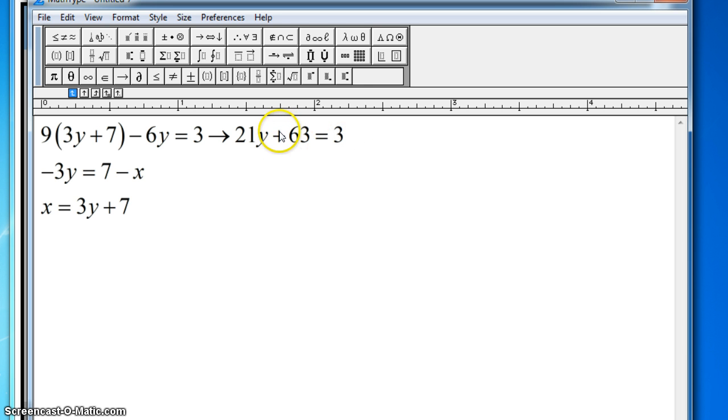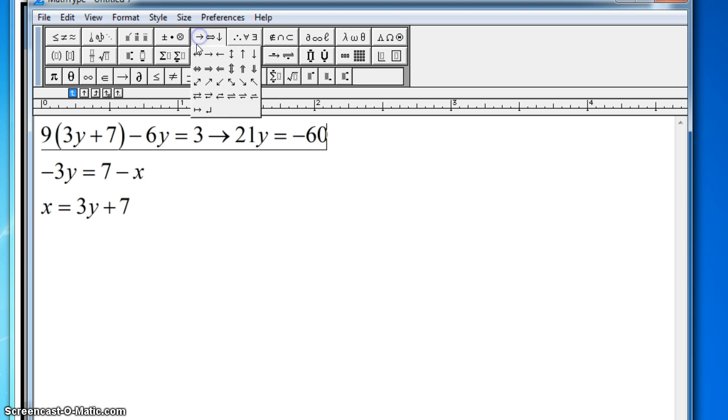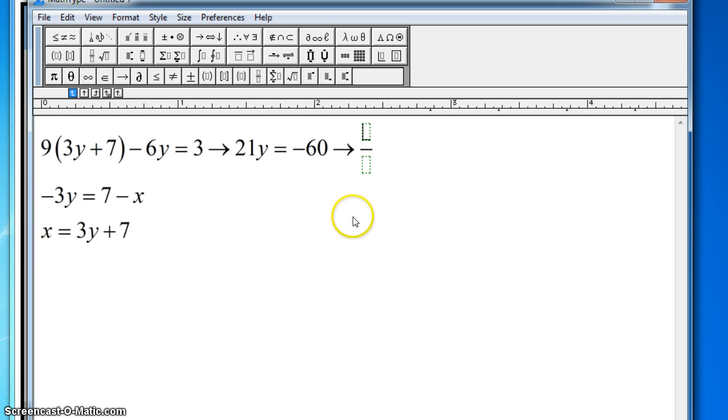And then if we subtract 63 from both sides, we'll get minus 60. Is that right? And then y equals negative 60 over 21.